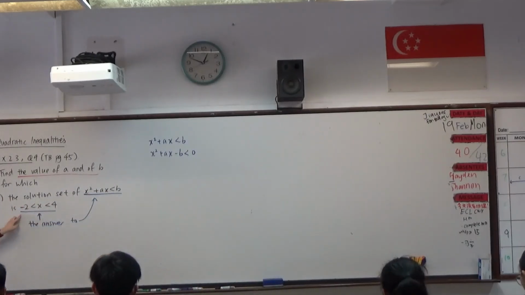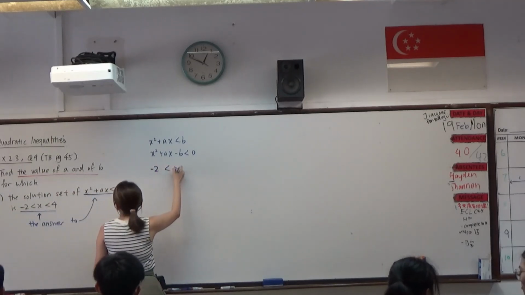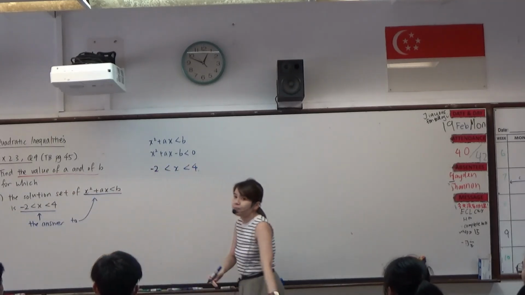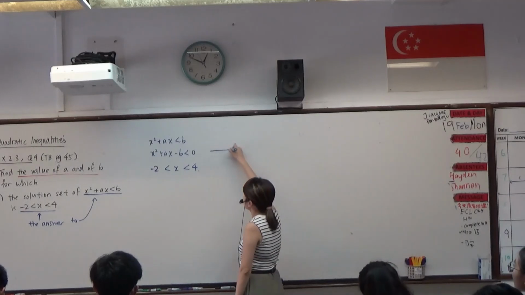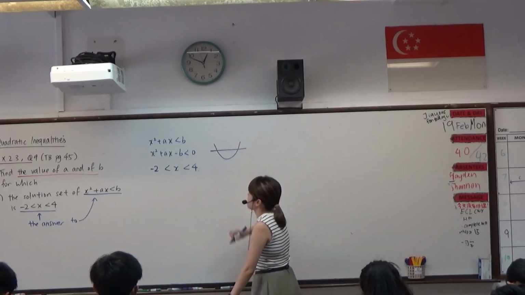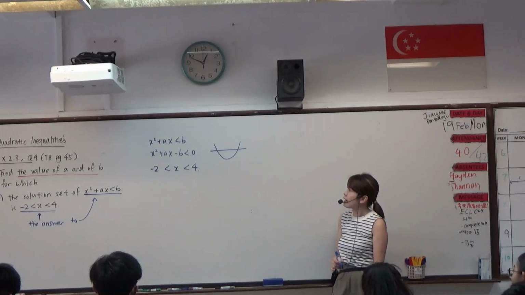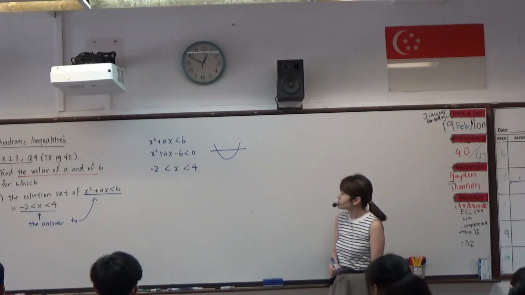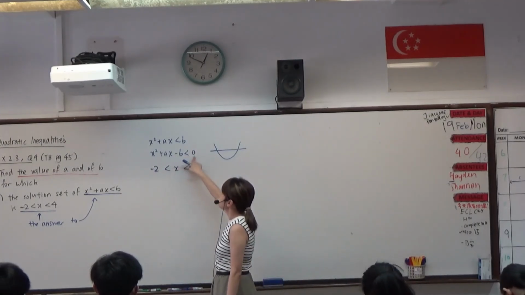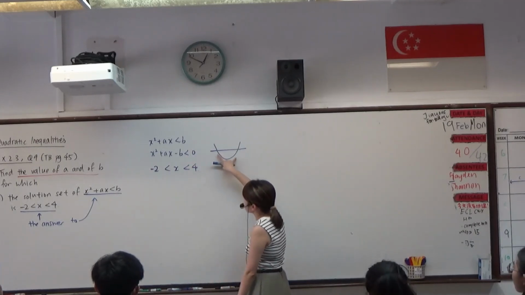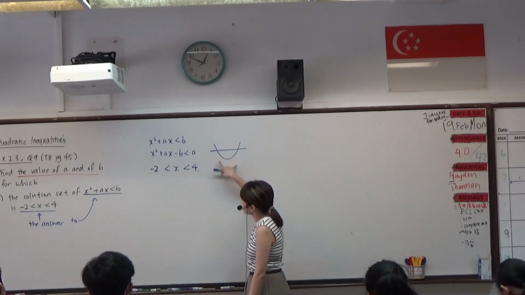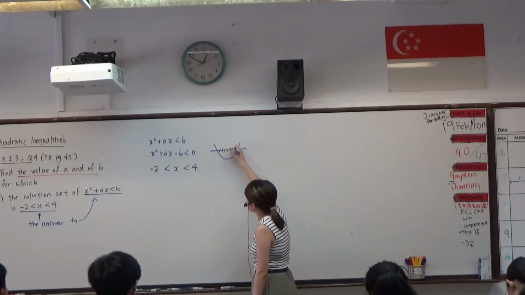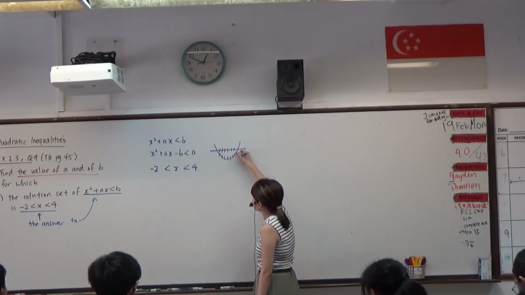However, what we have to do in this question is to work in reverse. We know the answer already. We know the answer is negative 2 to 4. This inequality will make us expect a happy face graph because your coefficient of x squared is positive. And since it says less than 0, we are expecting that the answer will be this range over here, this bottom part here.